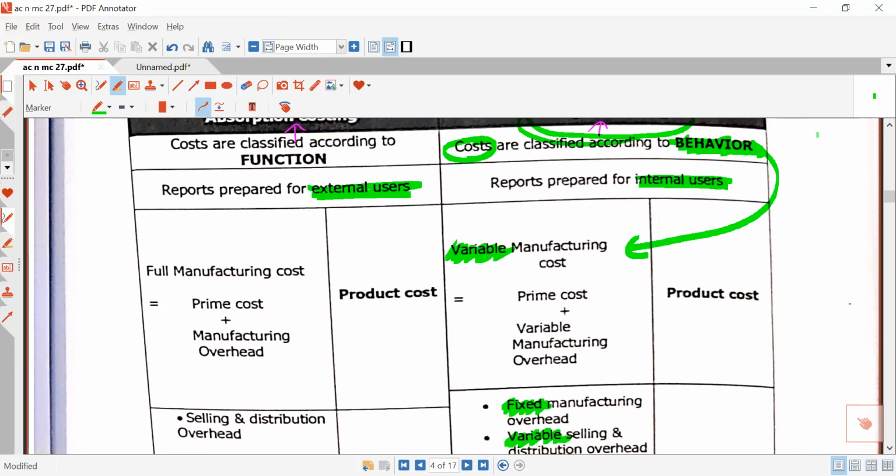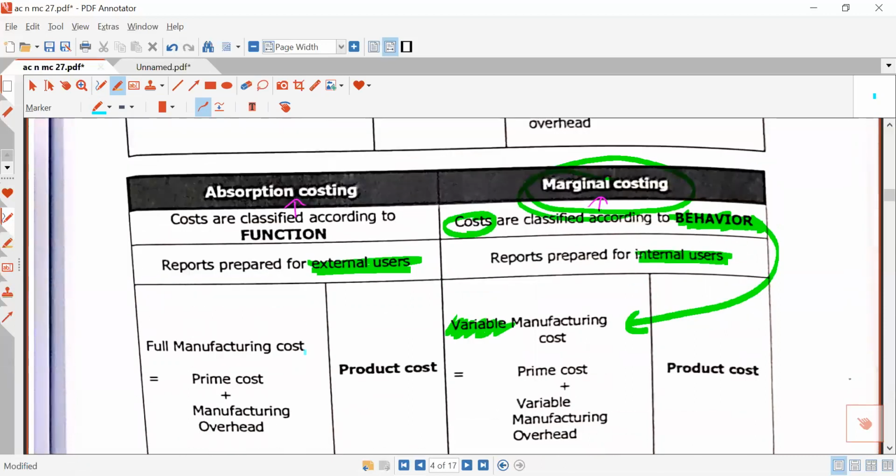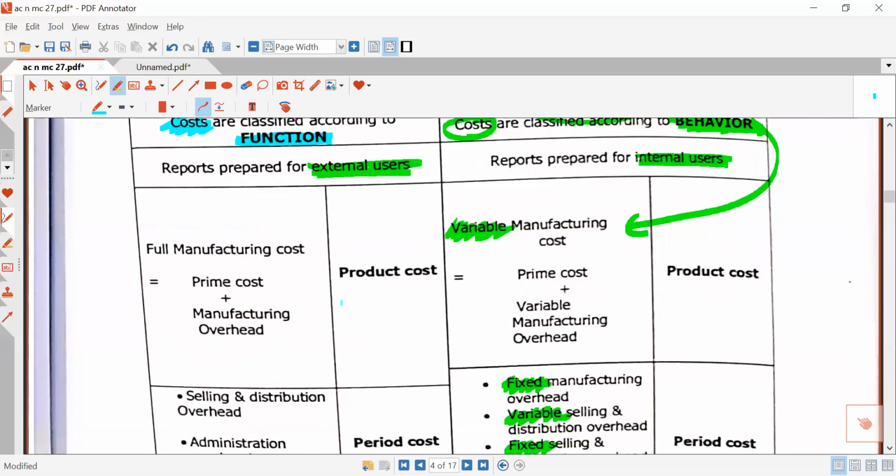Meanwhile, if we look at the absorption costing, the costs are classified based on function. So let's look at the product cost here. The function here is the manufacturing cost.